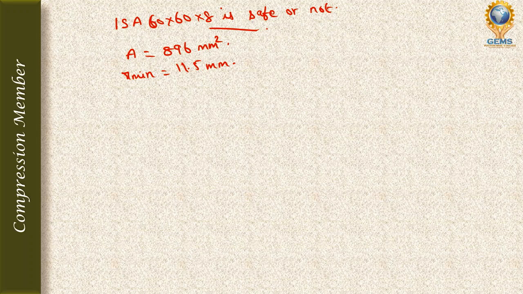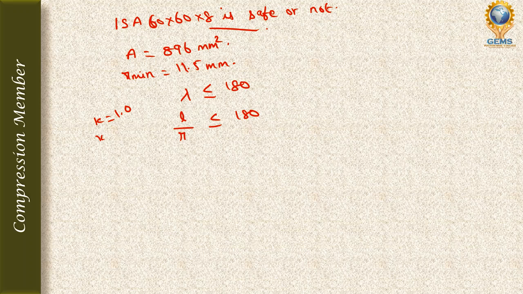So we have to check the slenderness ratio. The slenderness ratio should be less than or equal to 180, our maximum permissible limit. Here slenderness ratio is L by r, less than or equal to 180. But here, it is a single rivet, so our K value will be 1.